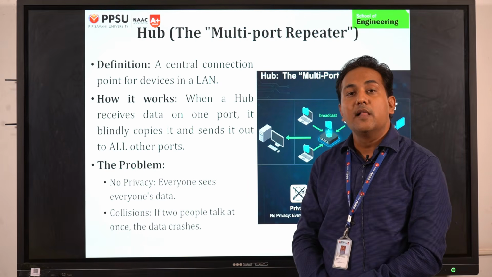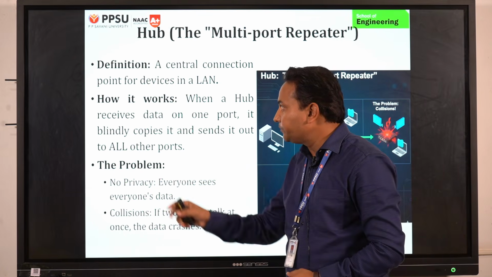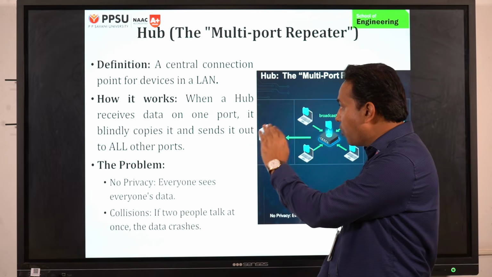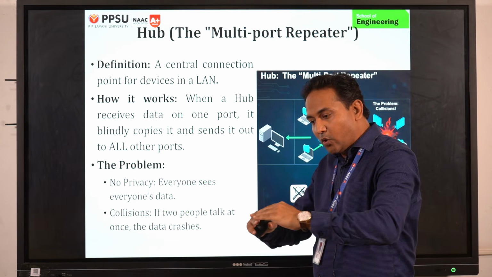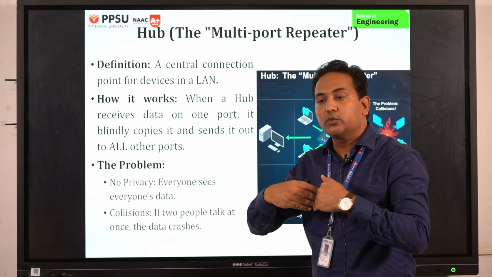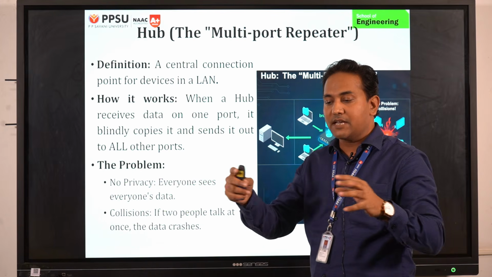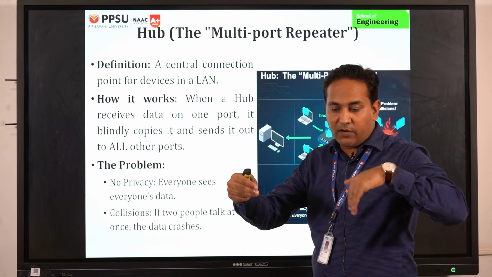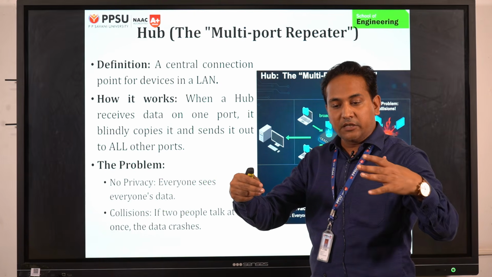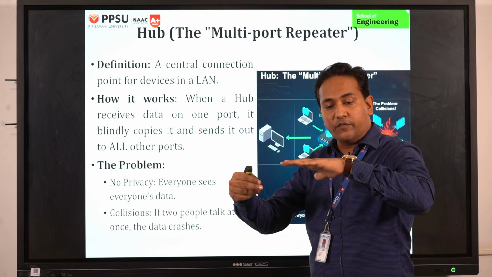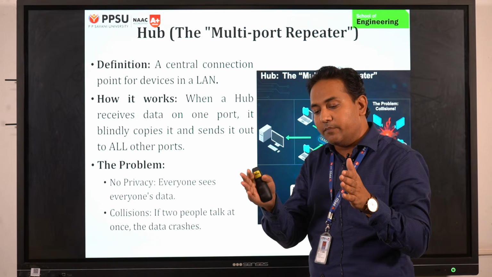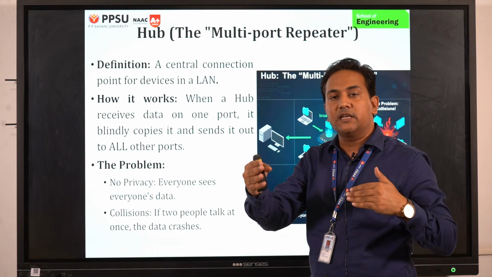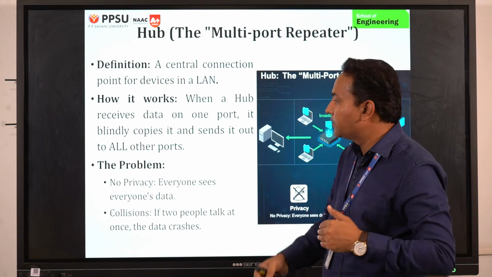LAN stands for local area network. How does it work? When a hub receives data on one port, it blindly copies it and forwards it to the remaining ports. For example, if there are 6 ports, one port will receive the data and the other 5 will send that data. So the hub just blindly copies the data and sends it on the other 5 available ports.